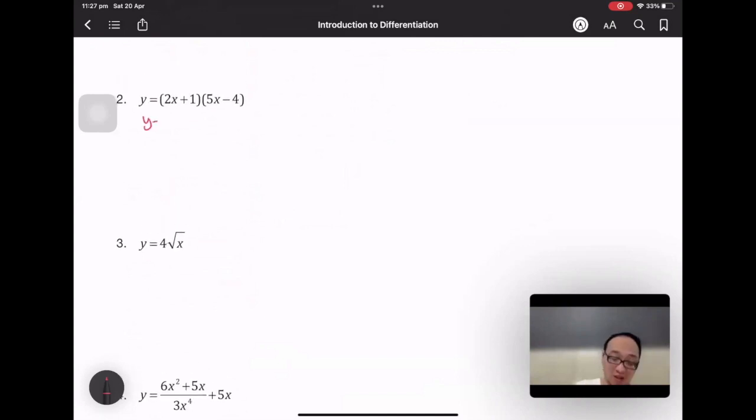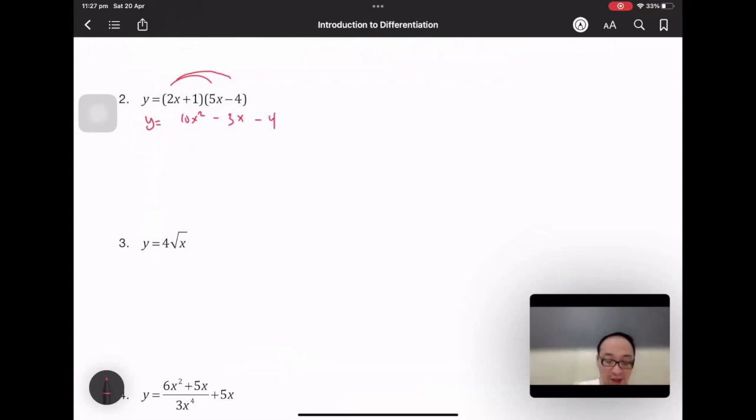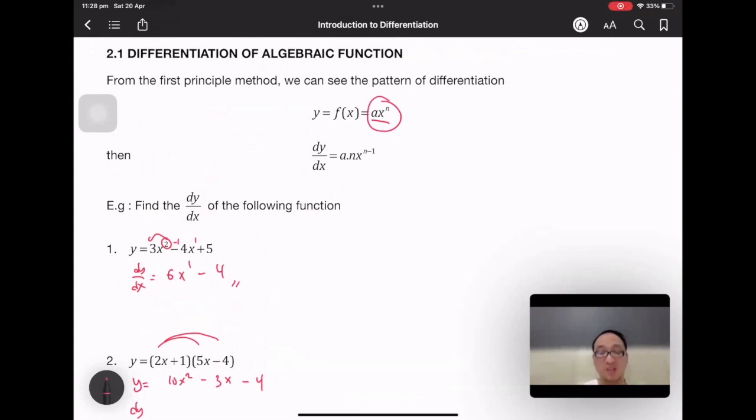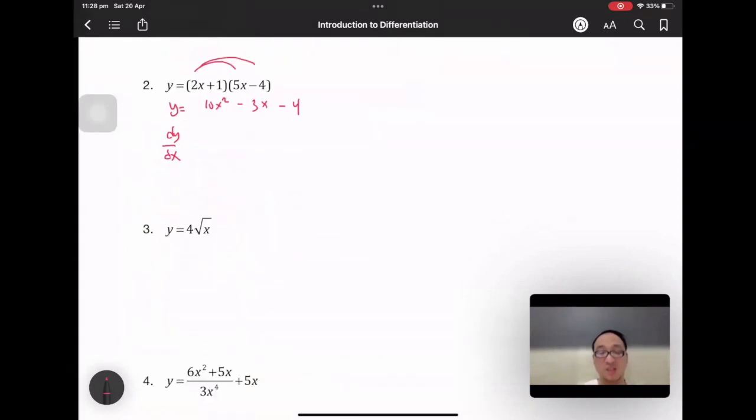So we expand, this becomes 10x squared minus 8x plus 5x, so it's minus 3x, and then minus 4. So for the dy/dx, now it satisfies this expression individually, so we can derive it individually.